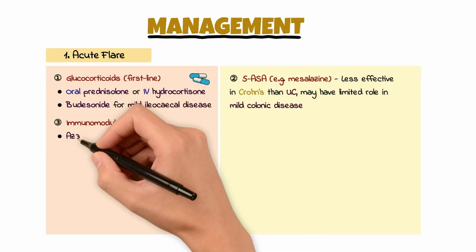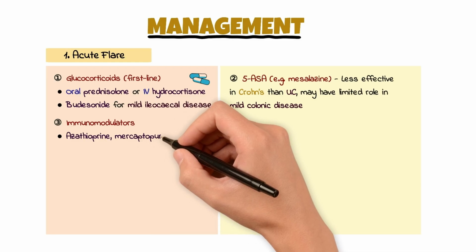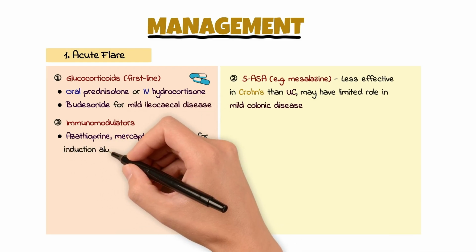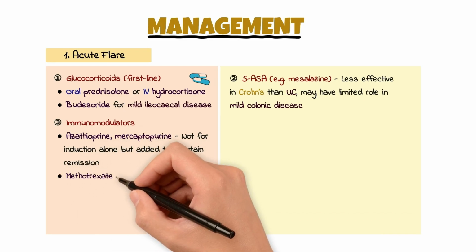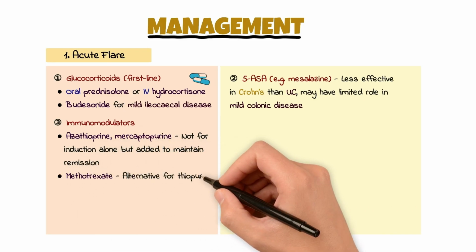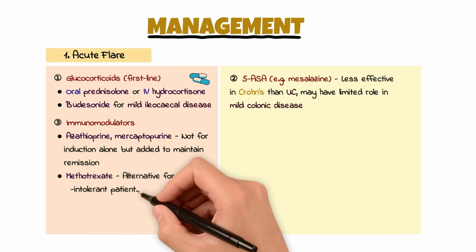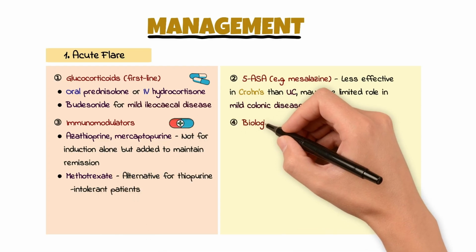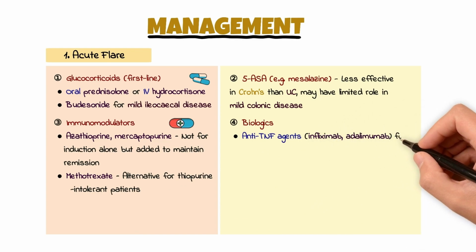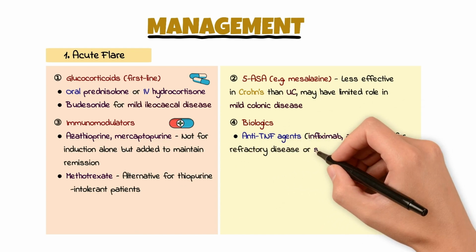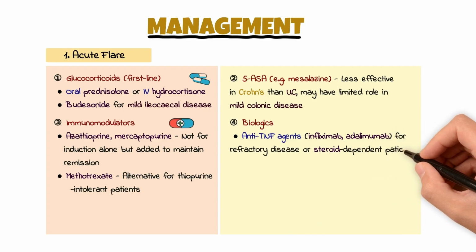Immunomodulators, for example, azathioprine, mercaptopurine, not for induction alone, but added to maintain remission. Methotrexate is an alternative for thiopurine intolerant patients. Biologics. Anti-TNF agents, infliximab, adalimumab, for refractory disease or steroid-dependent patients.